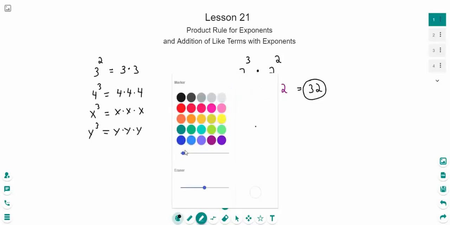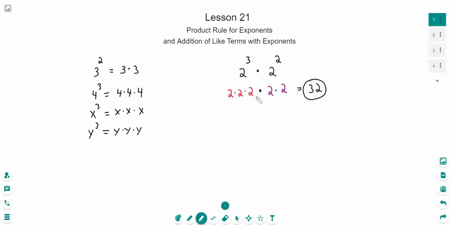So we could say that this term could be rewritten as 2 to the fifth power, right? Because we have a 2 being multiplied by itself 5 times. So that would mean 2 to the third times 2 to the second is equivalent to 2 to the fifth power.